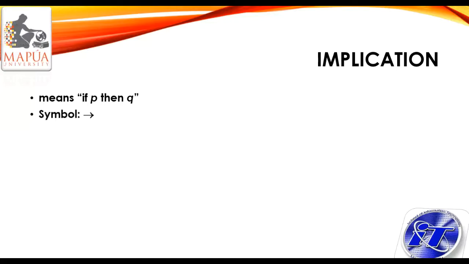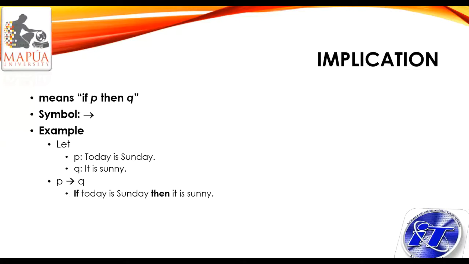The symbol that is used to represent the logical implication operator is an arrow pointing to the right, thus a rightward arrow. So it is denoted that P implies Q, P arrow Q, which is read as P implies Q. So today is Sunday implies it is sunny, or if today is Sunday, then it is sunny.